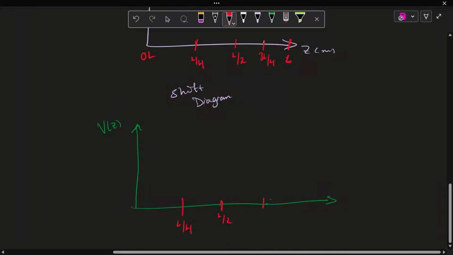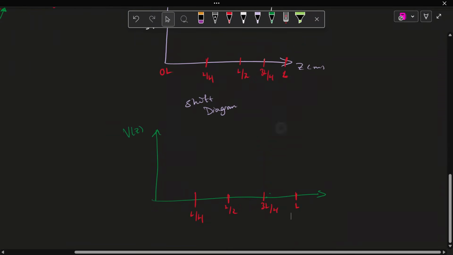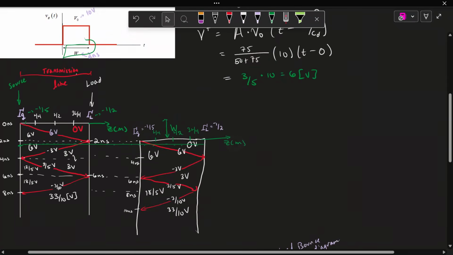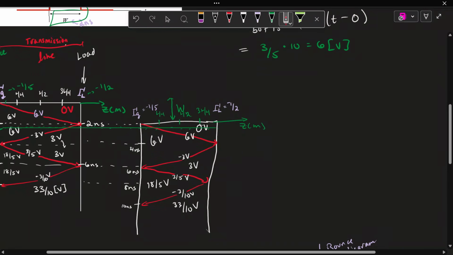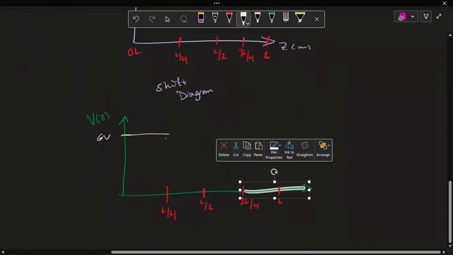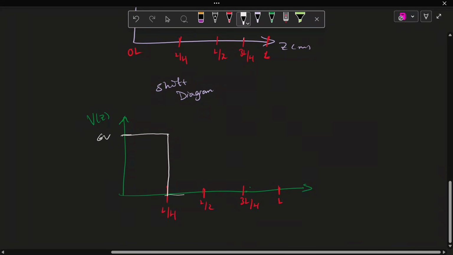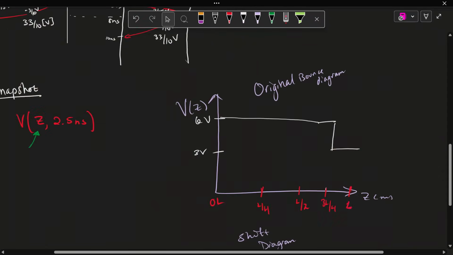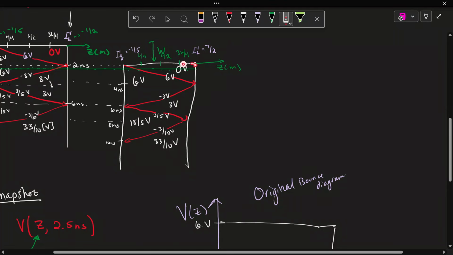Then we have 3L over 4 and L. So we said it was 6 volts up until L over 4. Now, what do we have? Oh my gosh, it's 0 volts, right? Who cares, right? It's going to go all the way down to 0 volts here, all the way to the end. It will not gain anything. It's going to be 0 volts all the way to L.